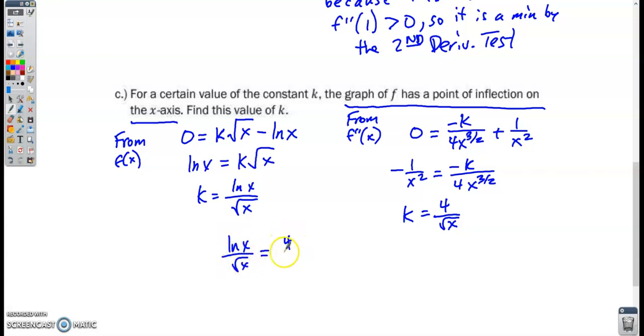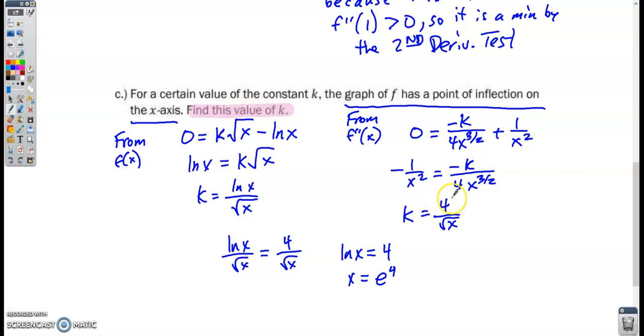Since I've got the square root of x in the denominator, I need the numerators to be the same, so I get natural log of x is equal to 4. And therefore, x is equal to e to the 4th power. But I'm not done, because I want the value of k, not the value of x where this happens.